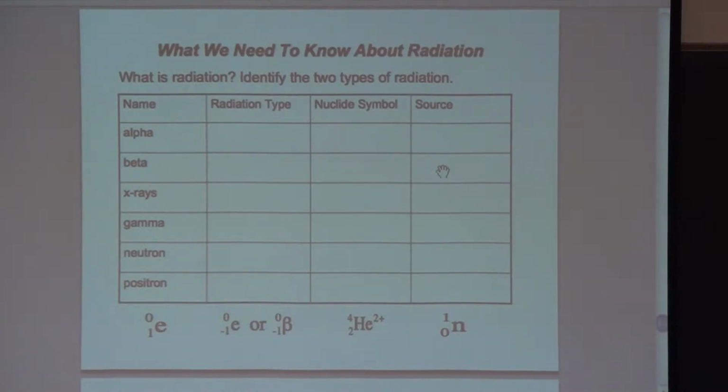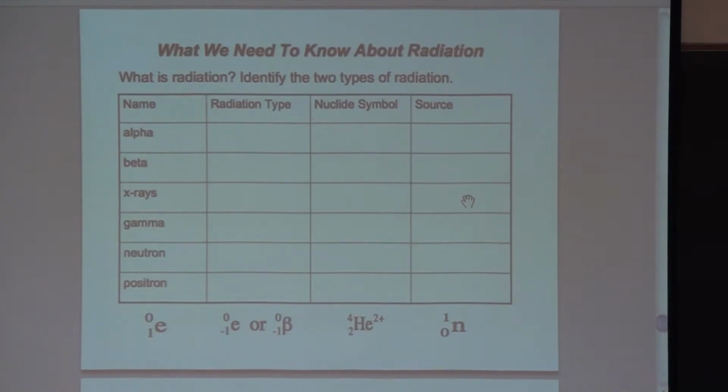What's one source of a beta particle? Okay, one source would be, for example, carbon-14. Carbon-14 is one isotope of carbon that will produce a beta particle. Where do X-rays come from?